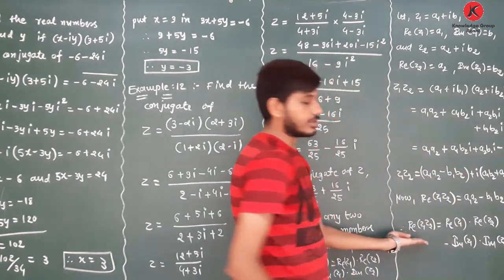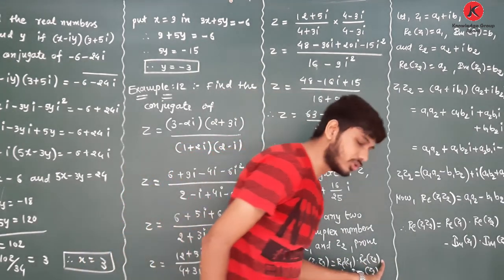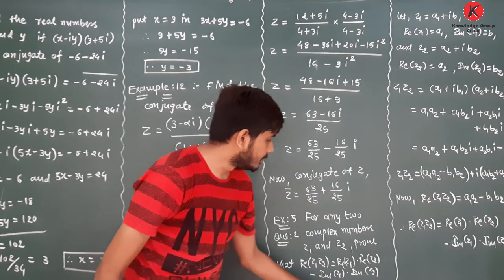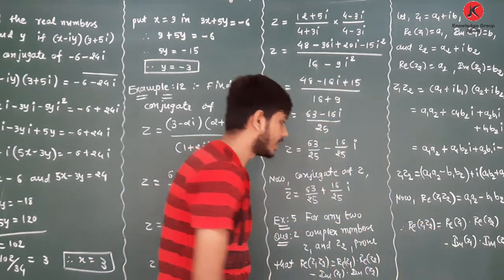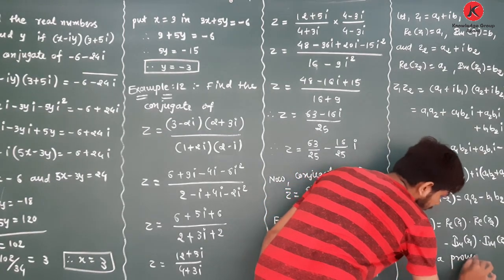Okay, hence true. See, real part of z1 z2 equals real part of z1 into real part of z2 minus imaginary part of z1 into imaginary part of z2. Hence proved, which is what we had to prove.